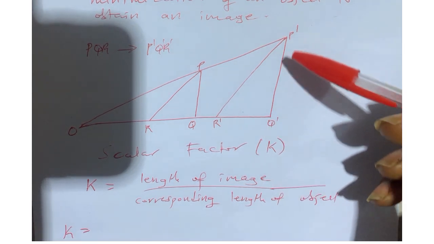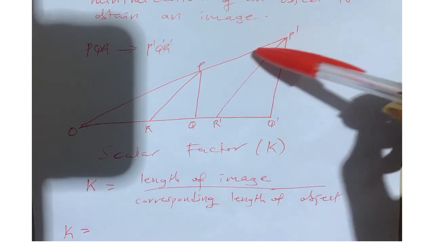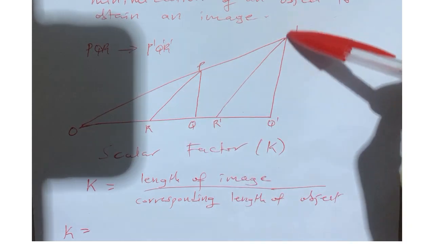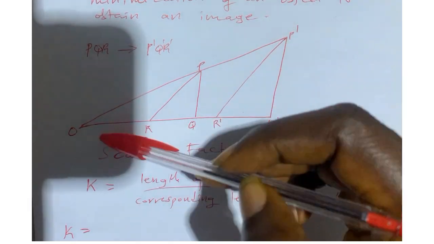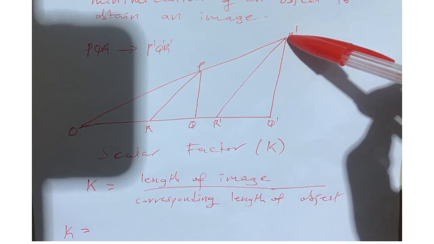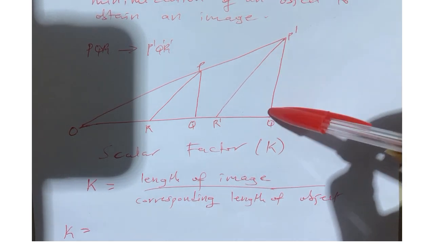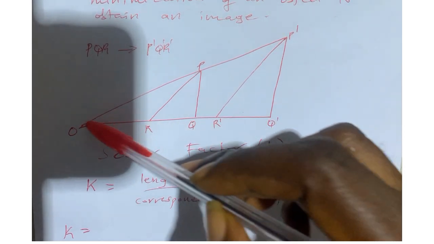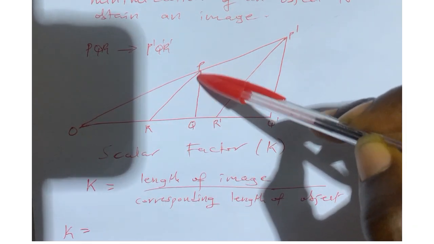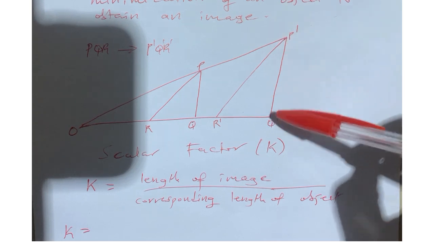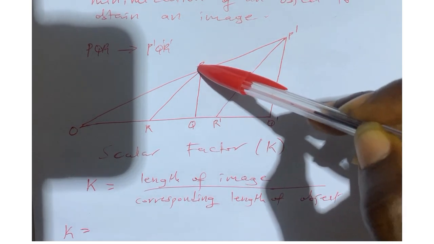Good. So that is to say that if I consider this image, O, P prime, Q prime, then this triangle. See this side, P prime Q prime, corresponds to my object O, P, Q. My object, this side, the PQ. The P prime Q prime corresponds to what? PQ.